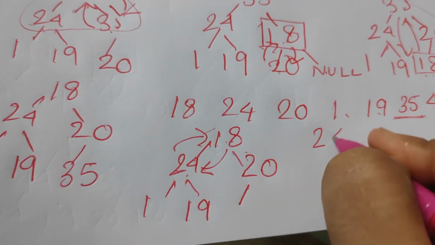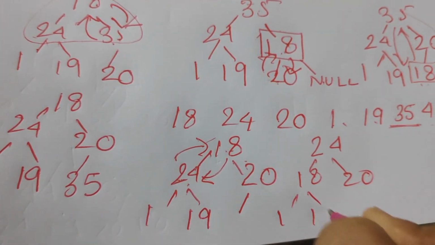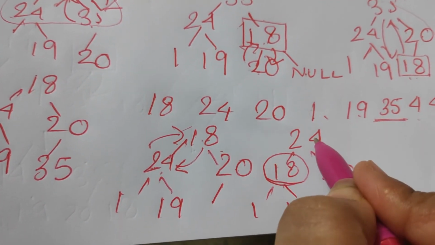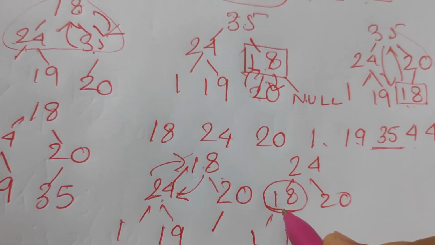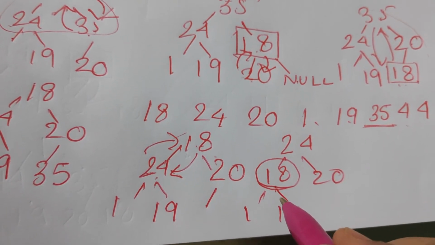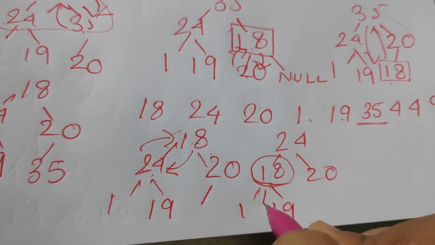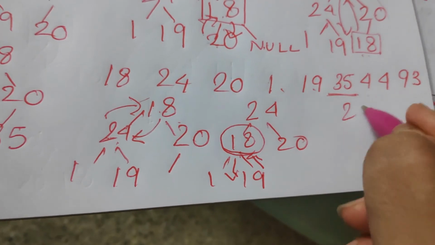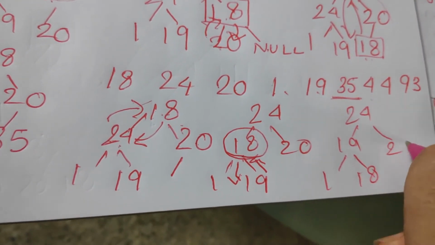So the tree would become 24, 18, 20, 1 and 19. Now the node at this position has replaced its parent, so we will check whether the node that replaced its parent pertains to the rule of max heap. But again there is a violation, so 18 would be replaced by 19, right? So 24, 19, 1 and 18 and 20.